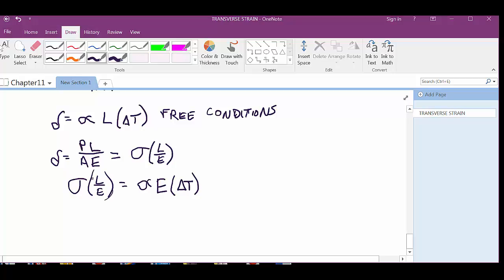So then what you ultimately have done, you're equating those two, so that turns into the stress equals the coefficient of linear expansion times the modulus of elasticity, multiplied by the change in temperature.